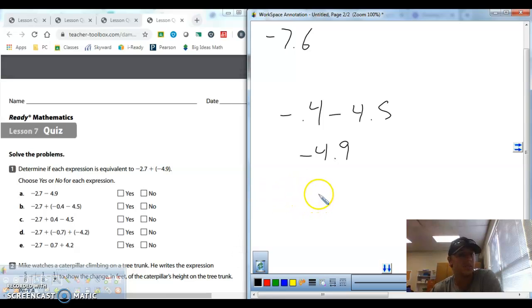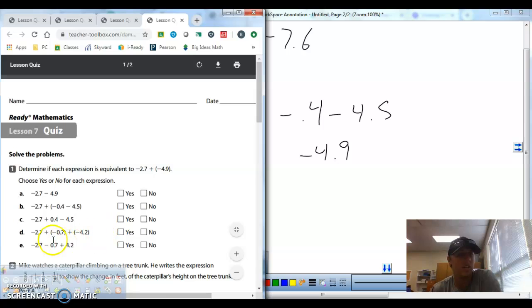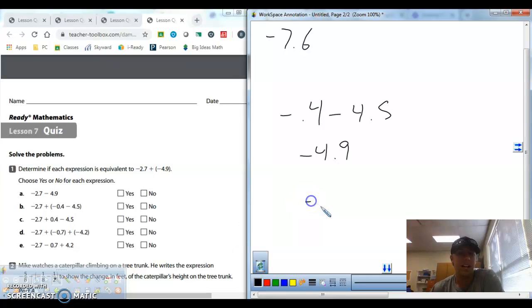Next one, we got to combine. Again, all of them start with negative 2.7. So we're really just looking at this last part. Okay, you got to combine negative 0.7 with negative 4.2. Okay, both are negative. We're combining them, so it's going to be more negative.